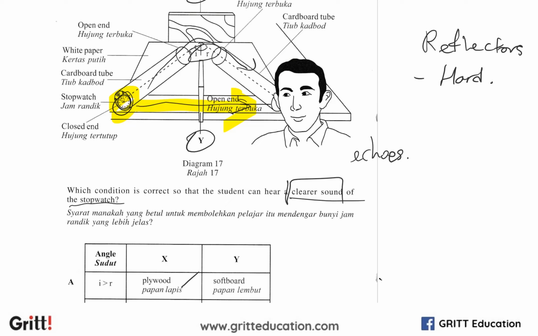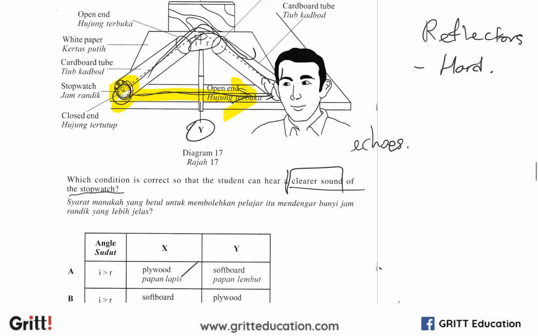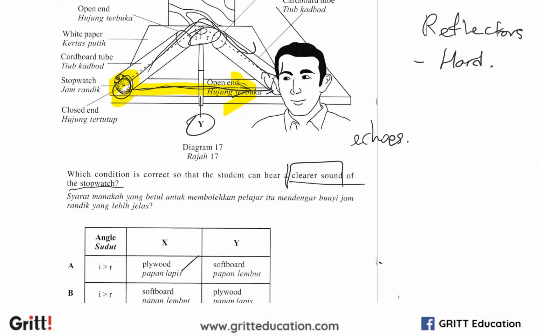You're going to hear one sound from here to the tube, and then another sound. It's going to be a bit blurry, like a double sound, which is not very distinct. So you want to cancel off this area and not let any sound go through this direction.